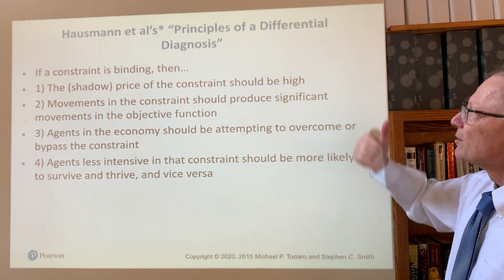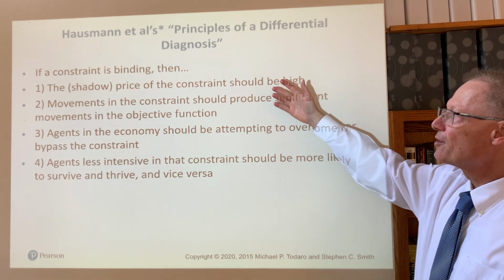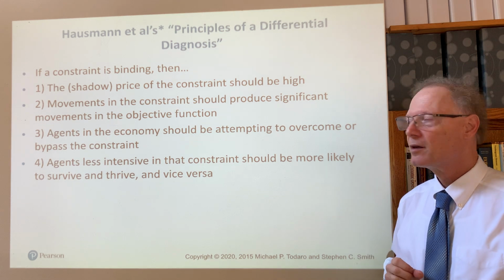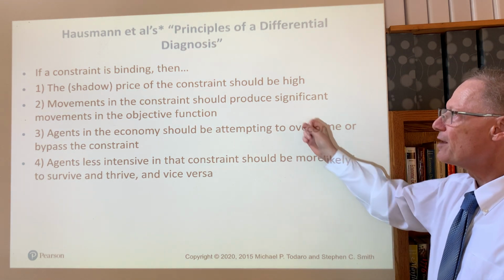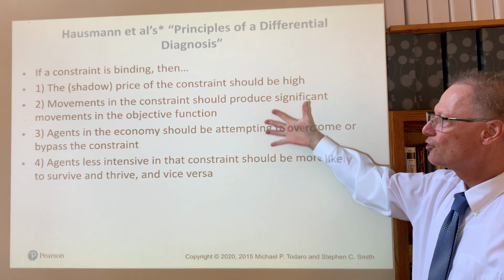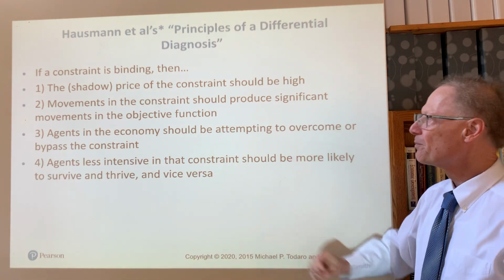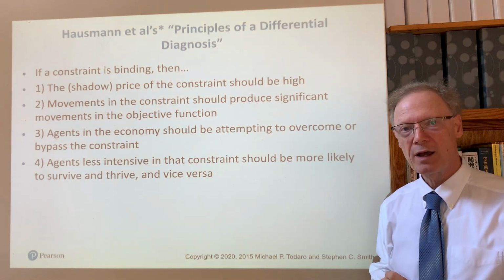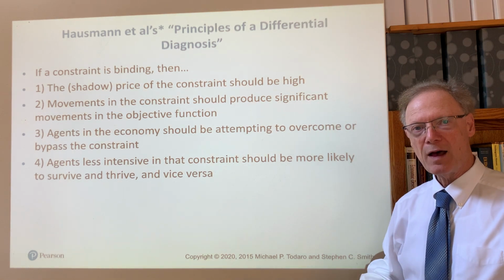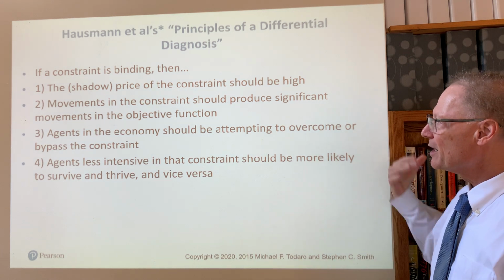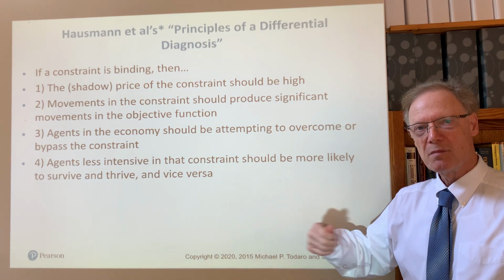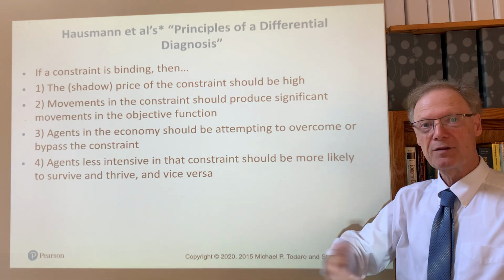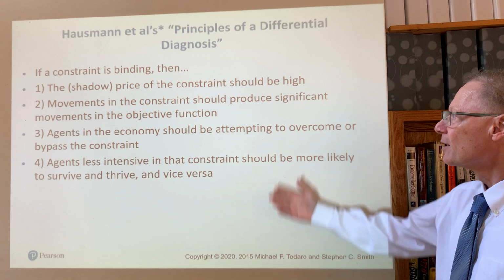So we have these so-called principles of a differential diagnosis put together by Ricardo Hausmann and some of his colleagues. And so in this, if a constraint is binding, you should see four things. The first is the shadow price of the constraint should be high. In other words, the underlying value of the input, for example, is much higher perhaps than what appears from the market price or the exchange price.